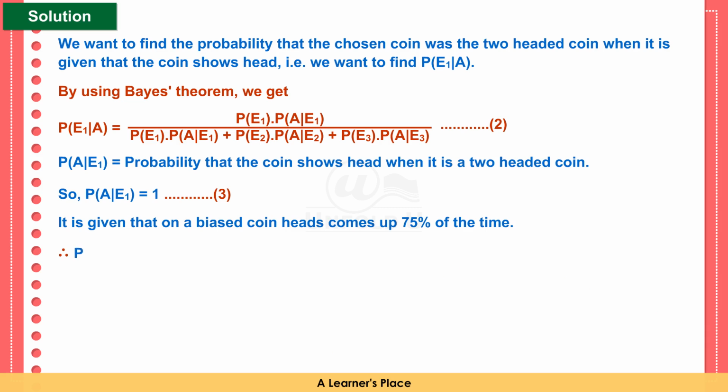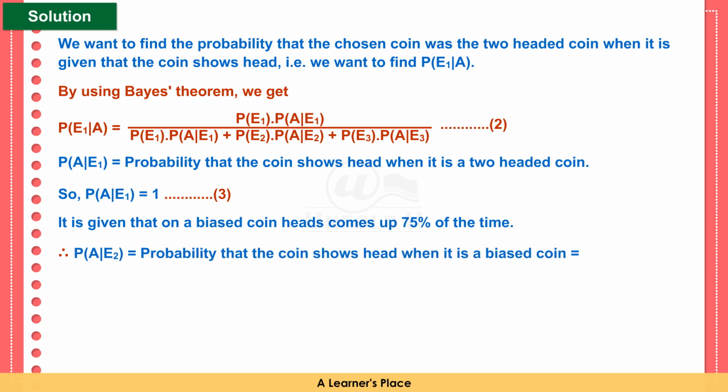Therefore, probability of A given E2, which is equal to probability that the coin shows head when it is a biased coin, is equal to 75 by 100, which implies probability of A given E2 is equal to 3 by 4. Mark this equation as 4.